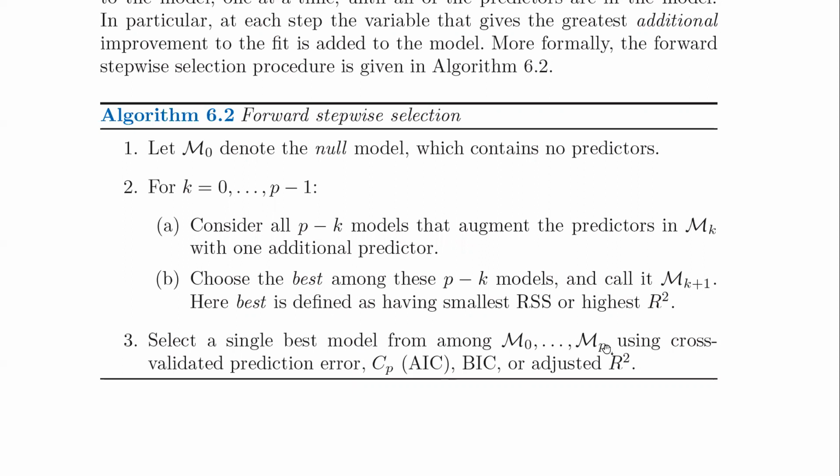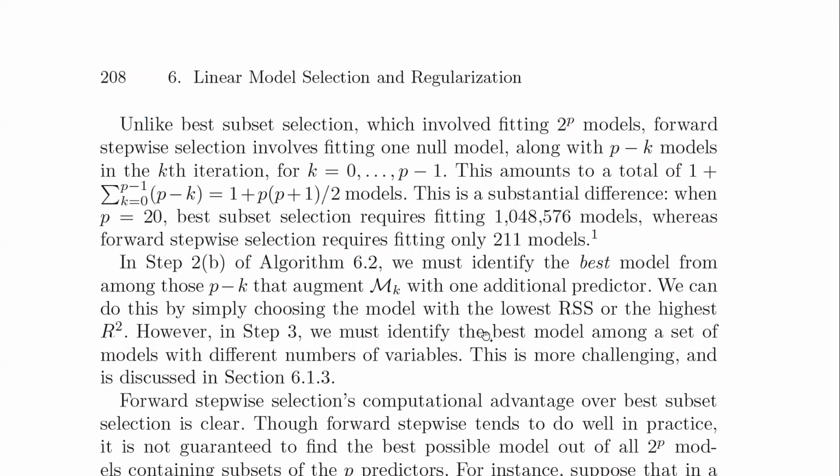So if it's the emergency room and you have your doctors and your nurses, your medical staff diligently measuring and recording 20 symptoms for each patient, then Mp is the model that uses all 20 predictor variables.